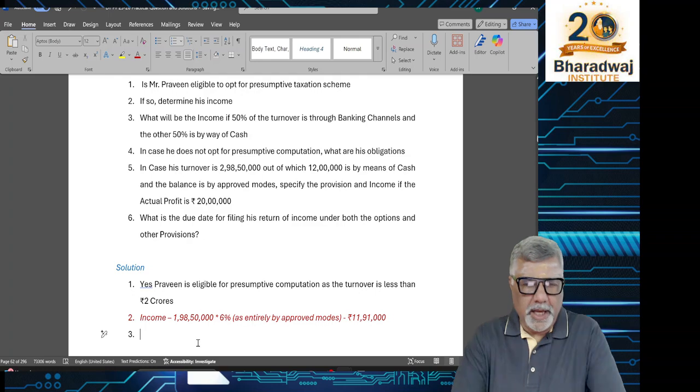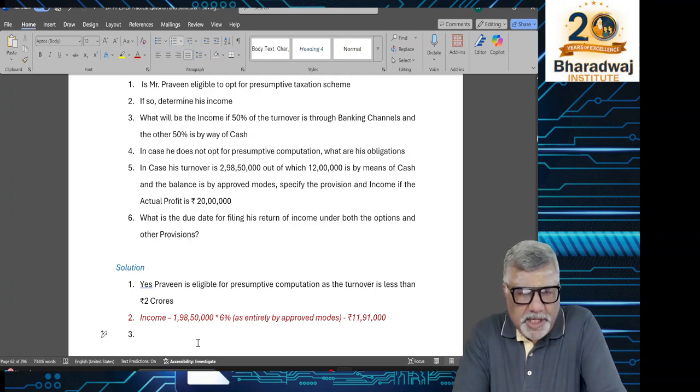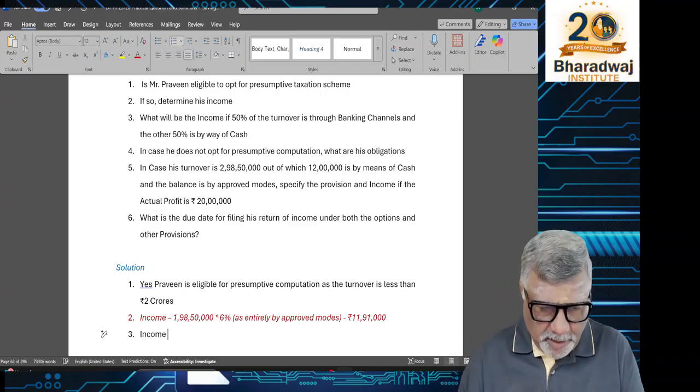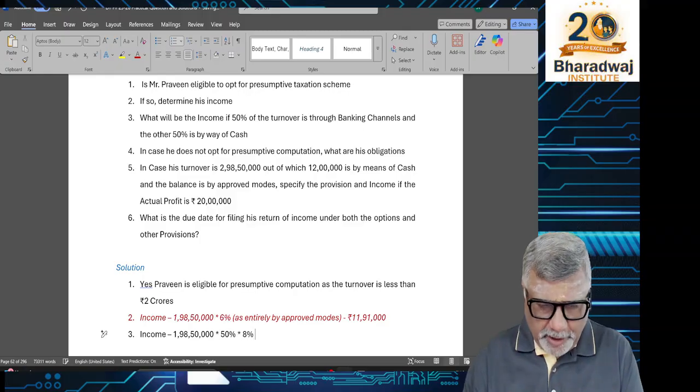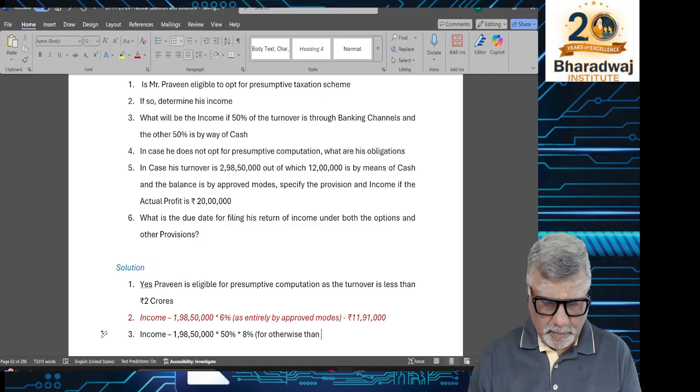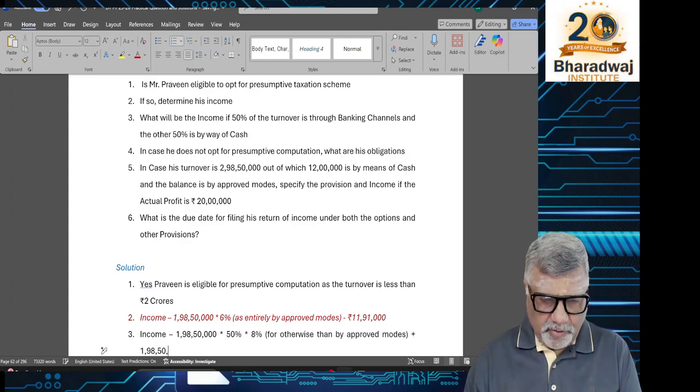What will be the income if 50% is by banking channel and 50% by way of cash? Income: 1 crore 98 lakh 50,000 into 50% into 8% plus 1 crore 98 lakh 50,000 into 50% into 6%.